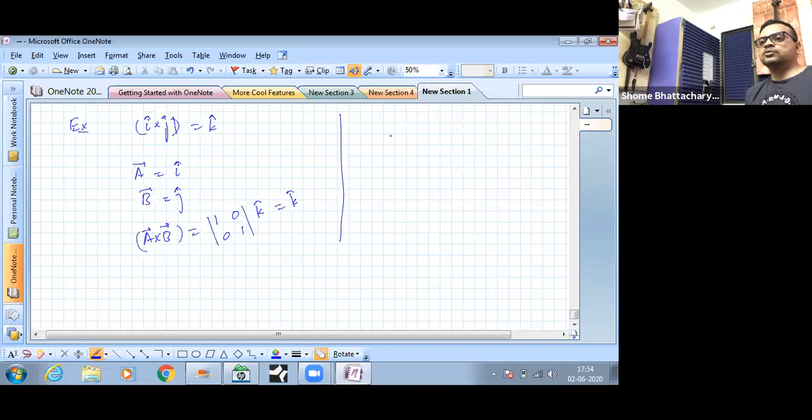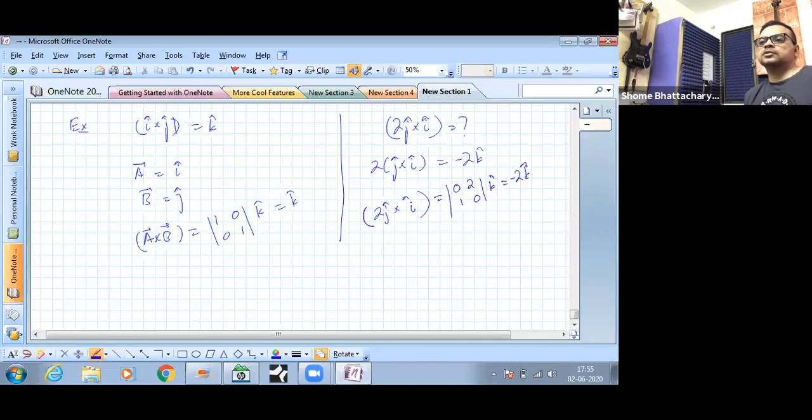Whereas if I ask you, for example, what is 2j cap cross I cap, you know that this is minus 2k cap. If you write it formally, it is the determinant 0, 2, 1, 0 times k cap. So it is minus 2. It's a very simple example of application of this.